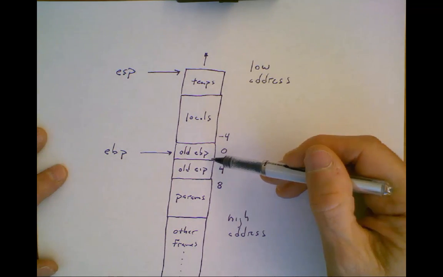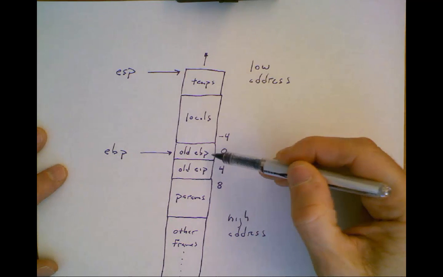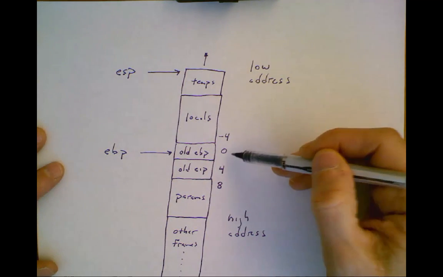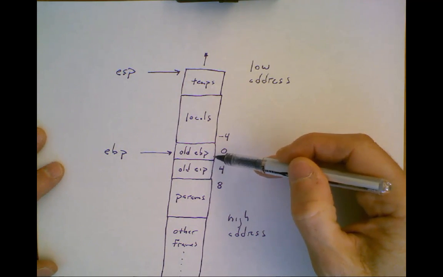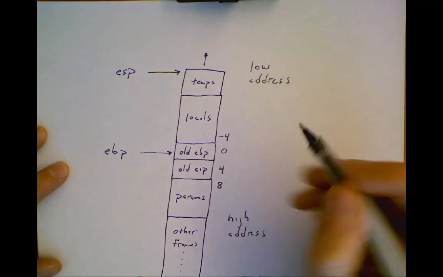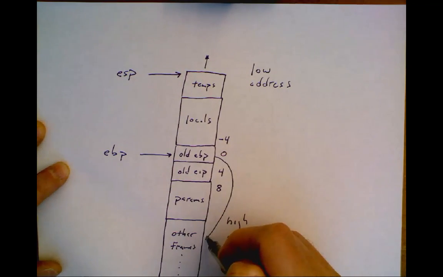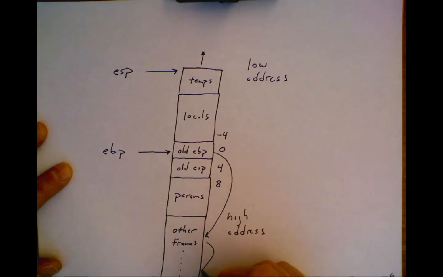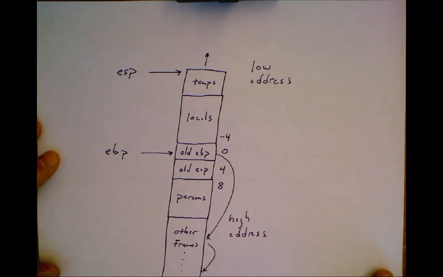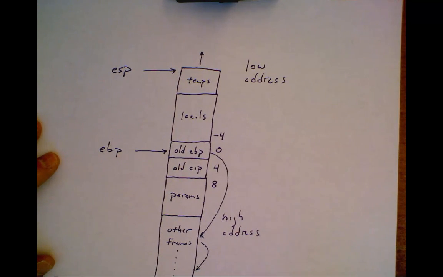So if we look at what the frame pointer points to exactly, at a 0 offset, it's the old frame pointer. In essence, there's a linked list that goes back and chains together all the frame pointers. Right?